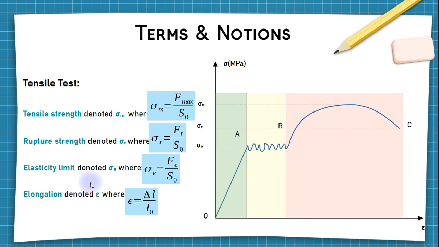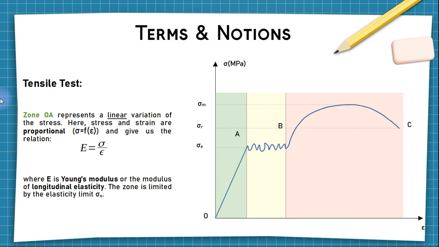Elasticity limit is denoted sigma E, where sigma E is Fe over S0, and finally the elongation is denoted epsilon, where epsilon is delta L over L0, and delta L is just L ultimate, so here the last length, minus the L0. So this is what delta L is.